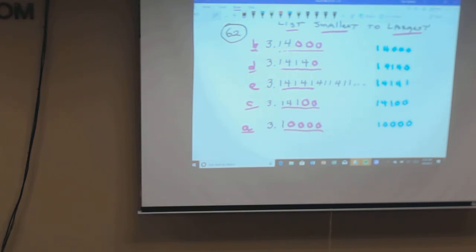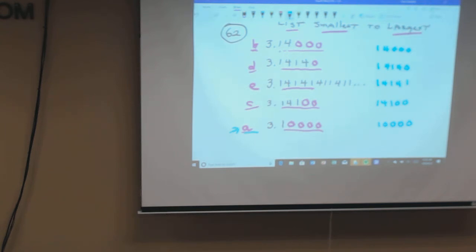So of all these listed here, which one do they want me to list first for 62? The smallest to the largest. So which one's the smallest of all of these? They all have 3, but this is one with zeros and this is one with 4. So that's the smallest. Everybody follow that? So that's the one I called A.